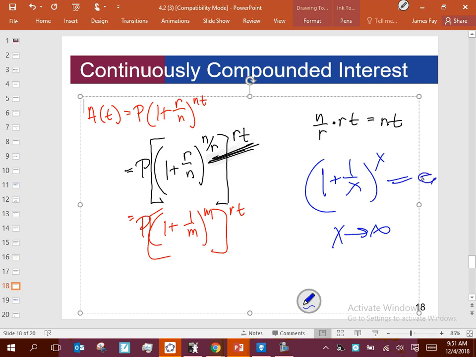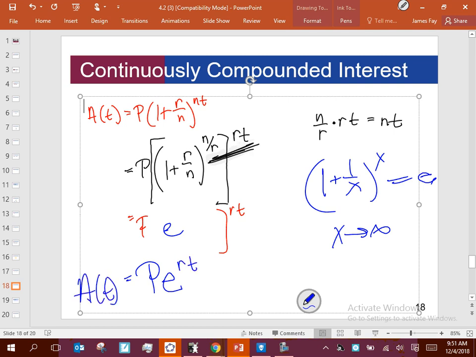It became e. So doesn't this 1 plus 1 over m to the m, as my number of compounds goes to infinity, become e? So I'm left with my principal times e, and then I still have my rt. And that's how my formula changes when I take out the word weekly, bi-weekly, daily, and insert the word continuous.